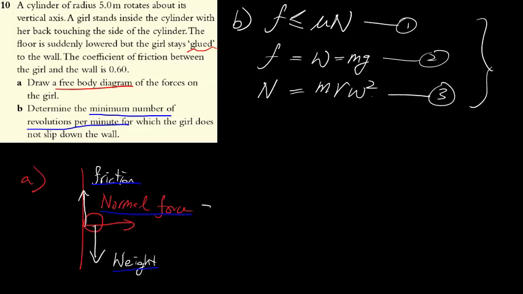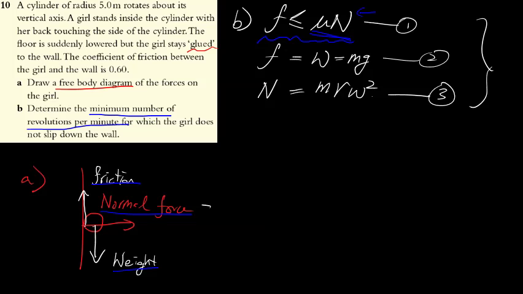The first thing to do, to be a more organized physics student, is write down all the related equations. The first one considers the friction itself. Like I said, friction must be smaller than or equal to the maximum, which is the coefficient of friction times the normal force.